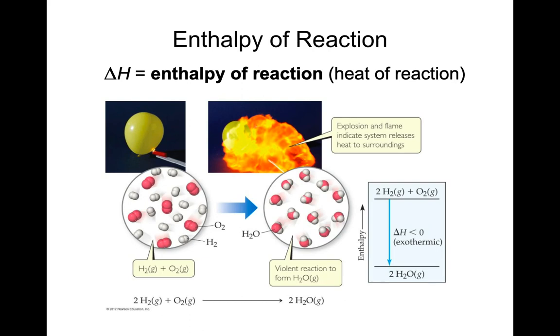Notice that in this particular case, hydrogen and oxygen react to form water as a gas. In the circle on the left, the hydrogen and oxygen molecules are separate, and then afterwards they're rearranged to form water molecules. The energy stored in the atoms, in the hydrogen and oxygen molecules is a different amount of energy, chemical energy, enthalpy, than stored in the water molecules on the right.